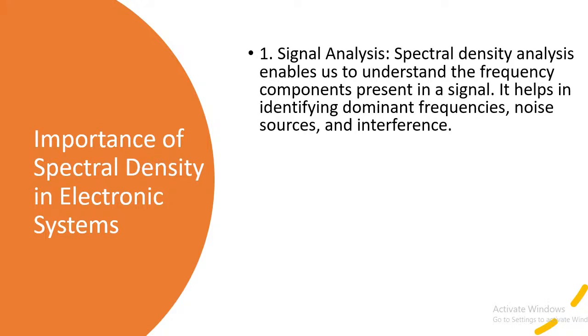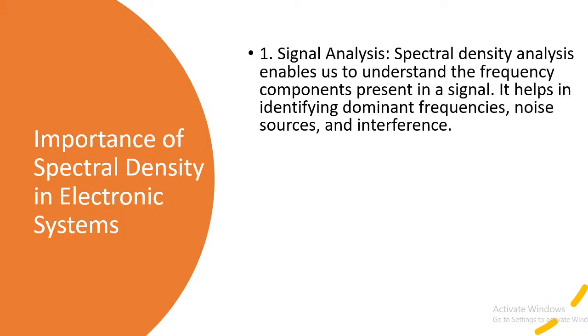Once you look at the graph, you can say that at this frequency this much energy or power is there, and at this frequency there is no power or no energy. From that we know which frequency components are active.